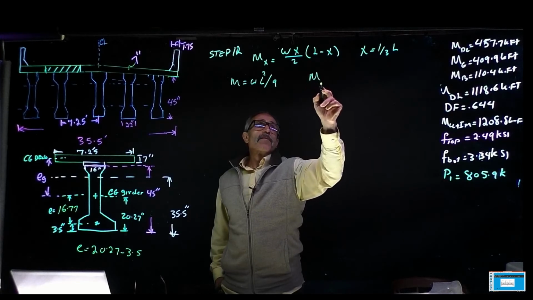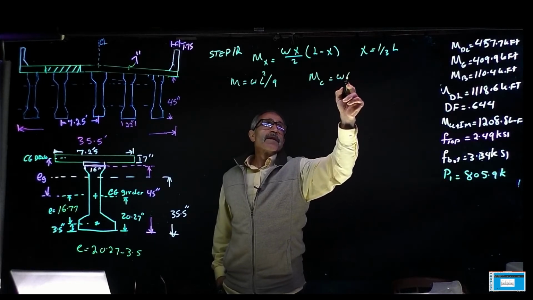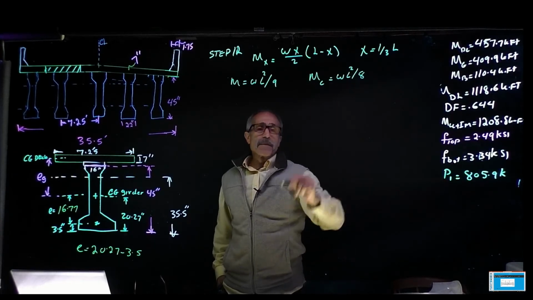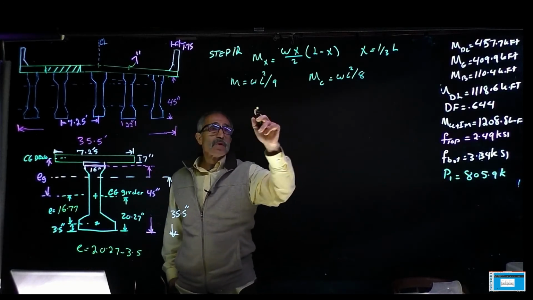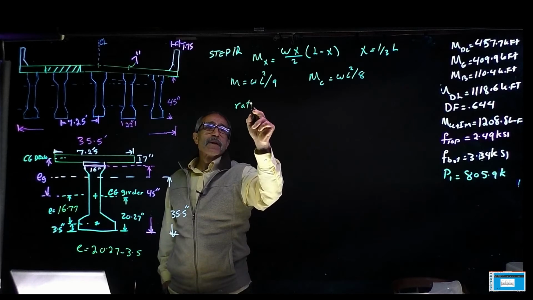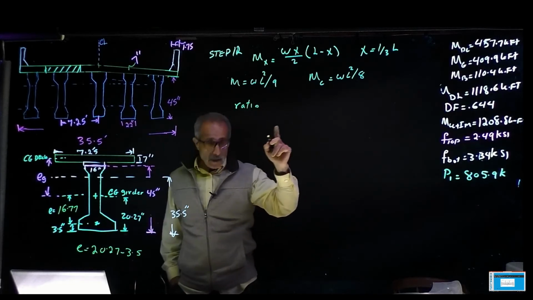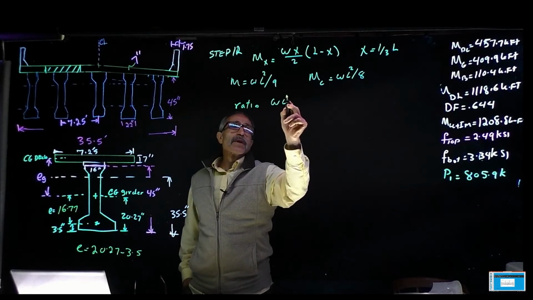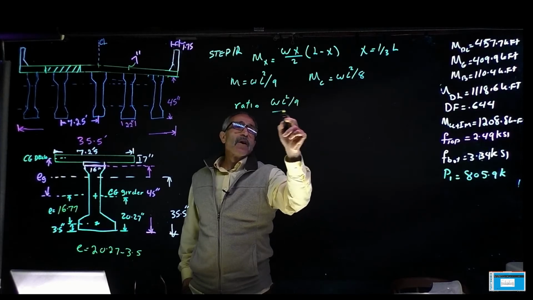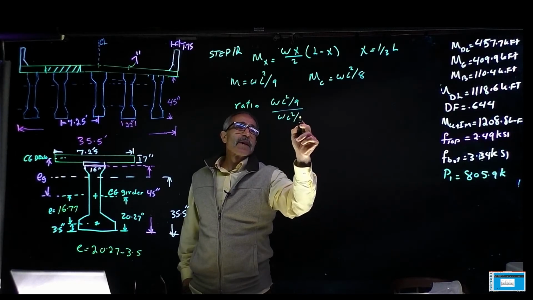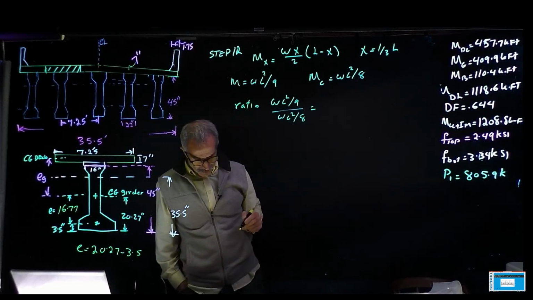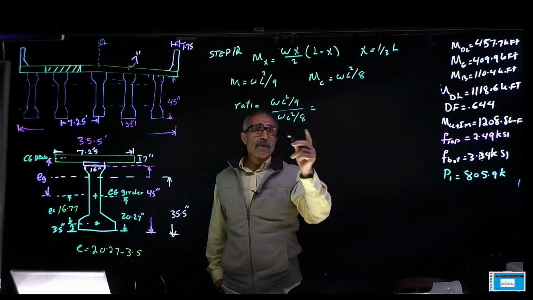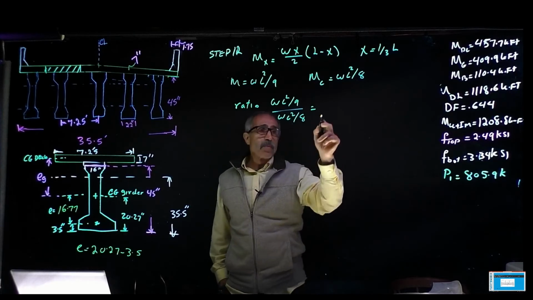And we know the moment at the center line is WL squared divided by 8. So the ratio of these two is WL squared divided by 9 over WL squared divided by 8, and that becomes 8 over 9, basically 0.89.